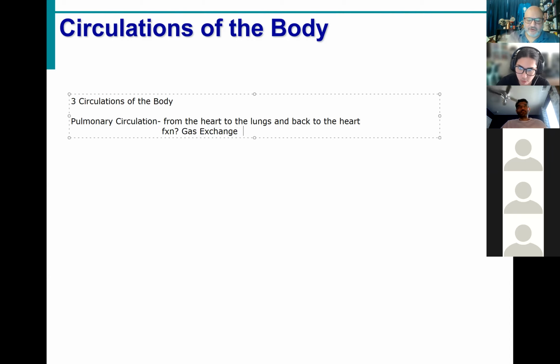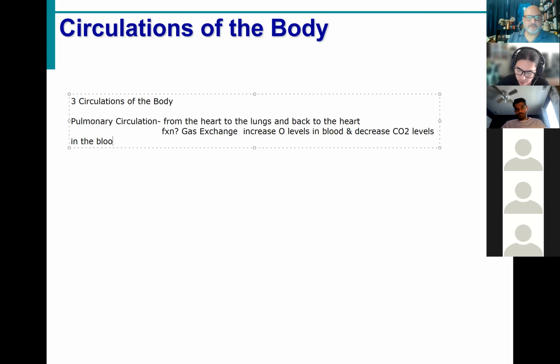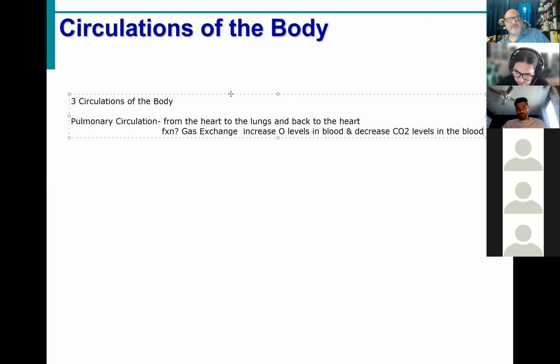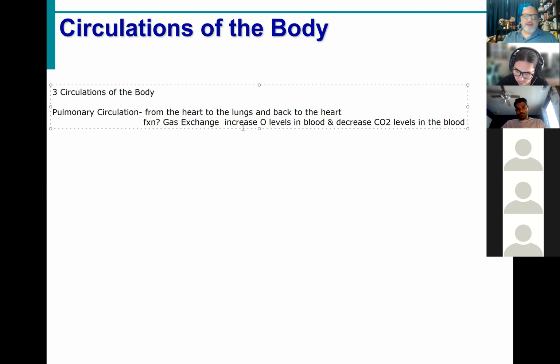And you are correct to increase oxygen levels in the blood, but we can't forget about how it's also involved in decreasing CO2 levels in the blood. And what structures are involved?